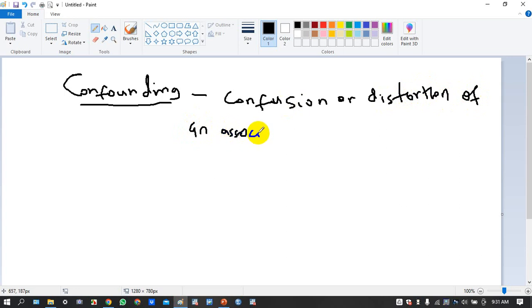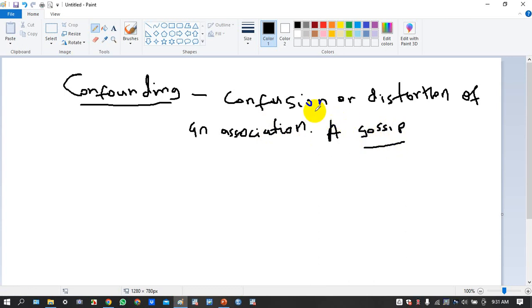In worldly circles, we can say a confounder is an example of a gossip or a confusionist. A gossip will be okay for now.